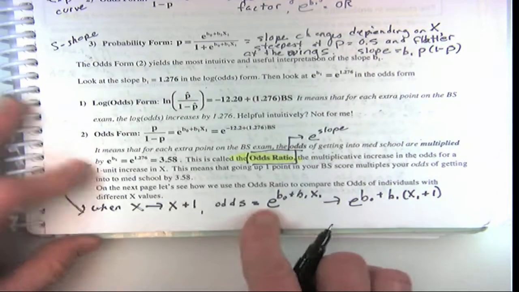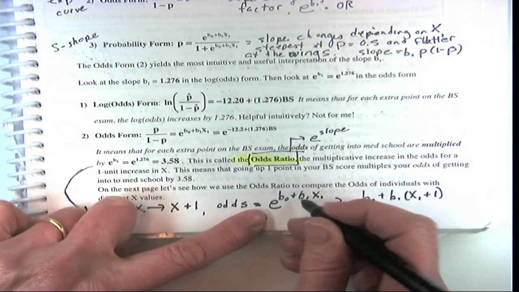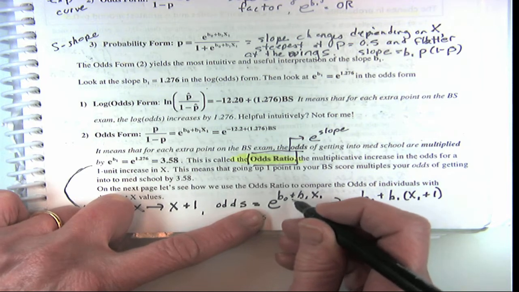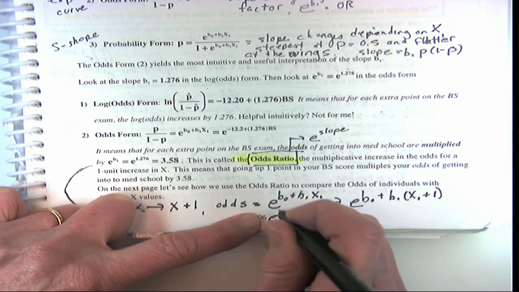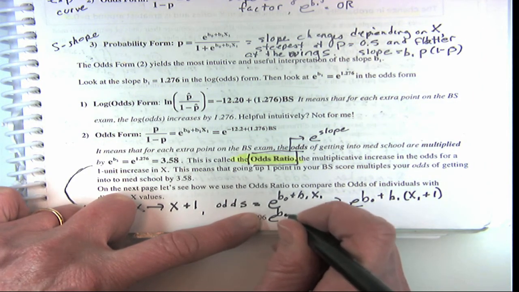So simplifying, remember, when you have a plus in the exponent, that's the same thing as multiplying.